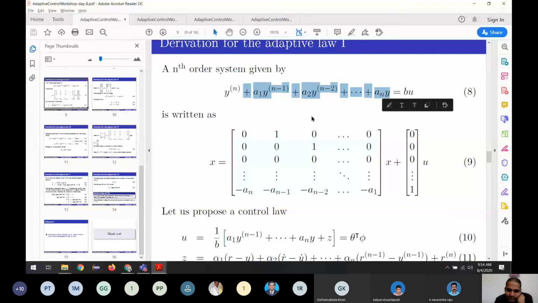And for u, we have only one, because if you take all these terms to the other side, y with n dots is the only one having u. All the other ones do not have u. So we put all zeros and one here.